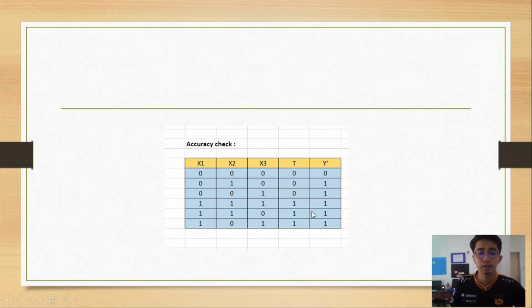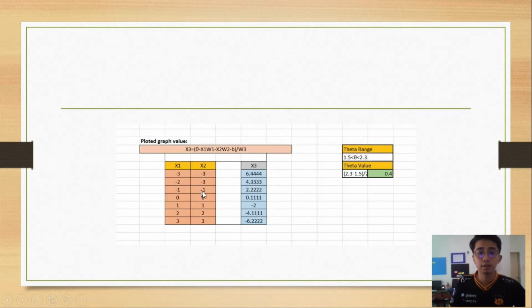Okay, after that, to plot the graph, we need to input the value into this formula. So the formula is x3 is equal to theta minus x1 times w1 minus x2 w2 minus bias divided by w3.